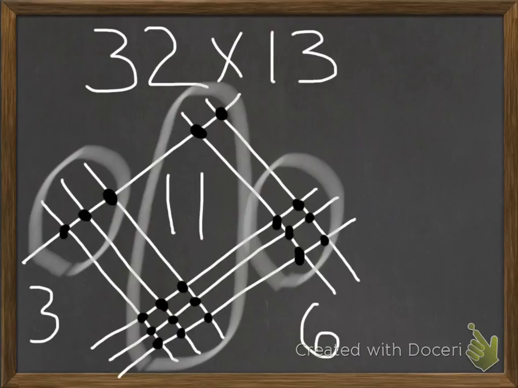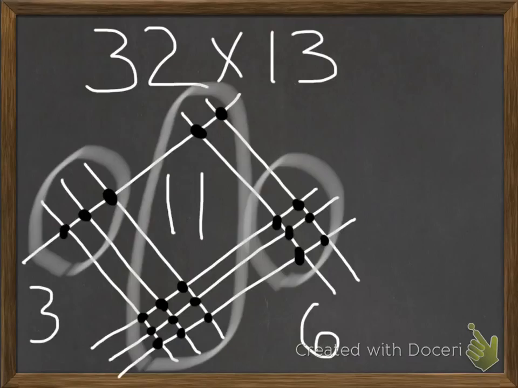Now, I intentionally picked a problem that would take regrouping so that you could see how to do this. You notice that you cannot have 100 in the tens place, and that's what we have here. We have like a 116 if you ignore the hundreds and just look at the tens and the ones right now.